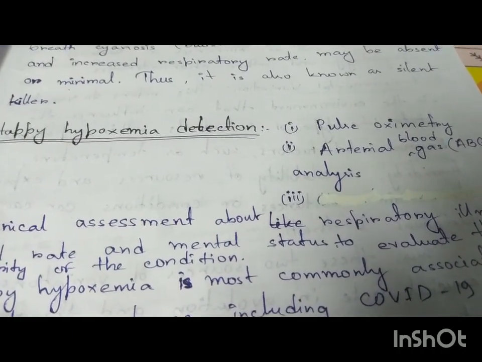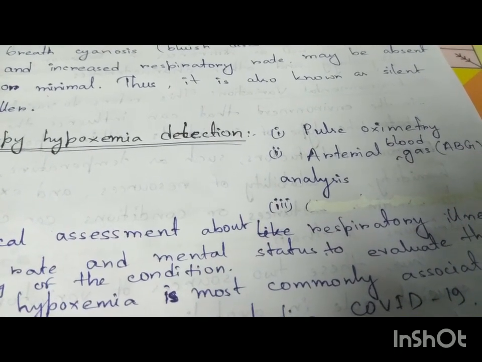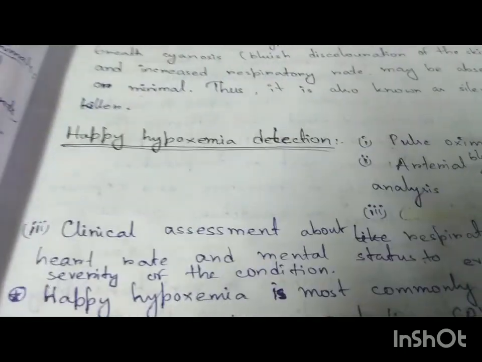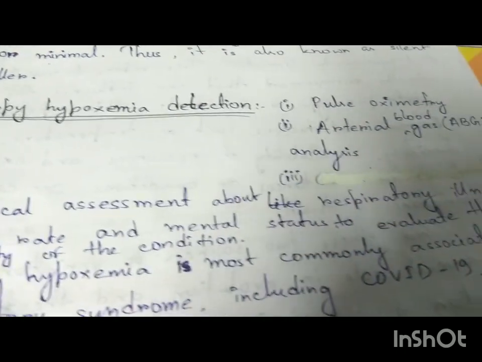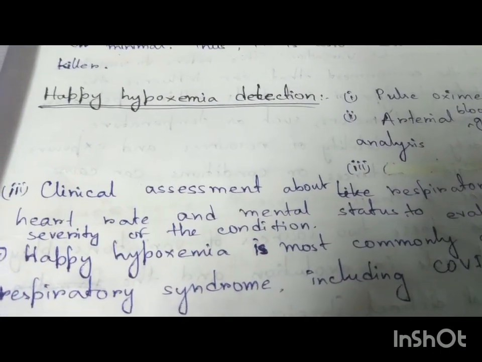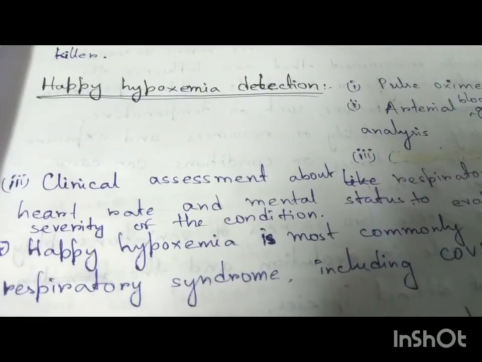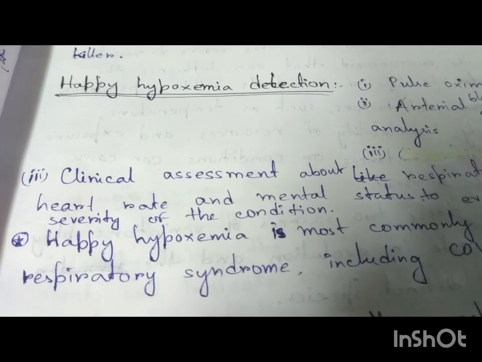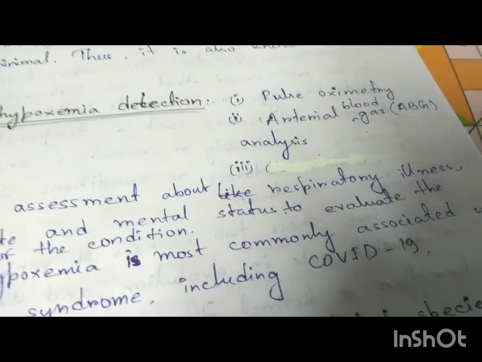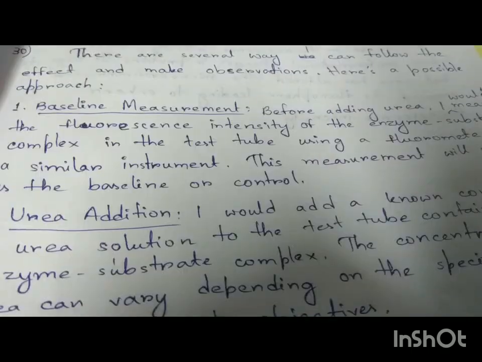First one is pulse oximetry, arterial blood gas, short form is ABG, analysis, and clinical assessment about respiratory illness, heart rate, and mental status to evaluate the severity of the condition. Happy hypoxemia is most commonly associated with respiratory syndrome, including COVID-19.